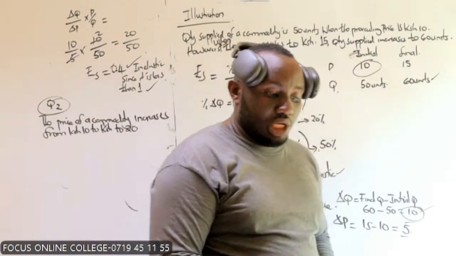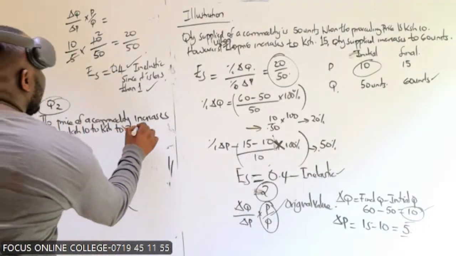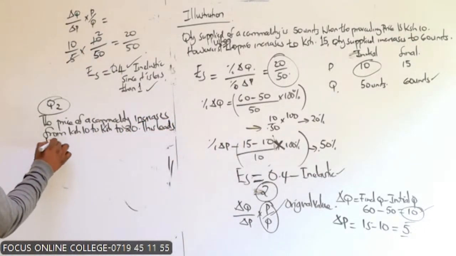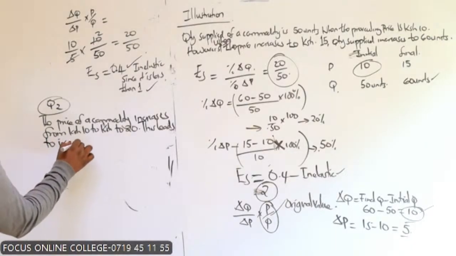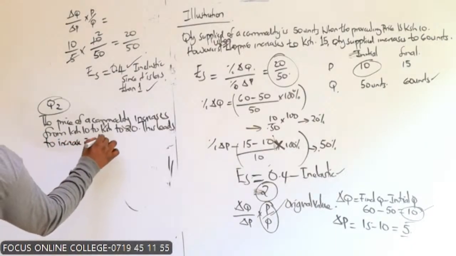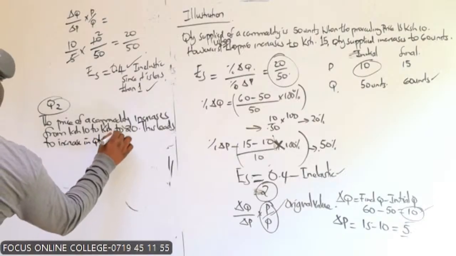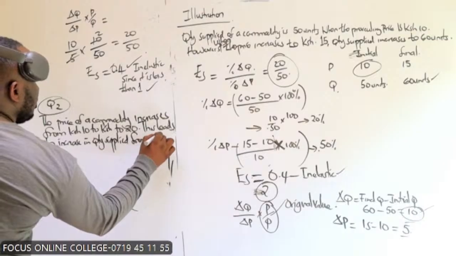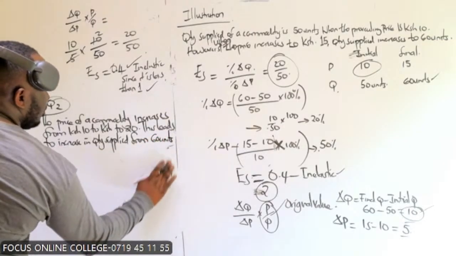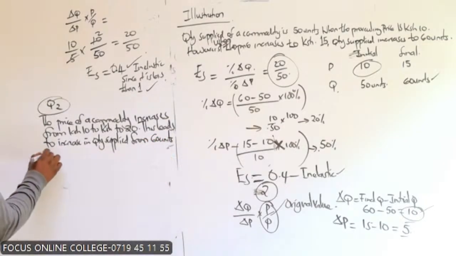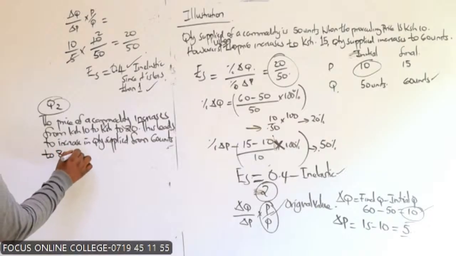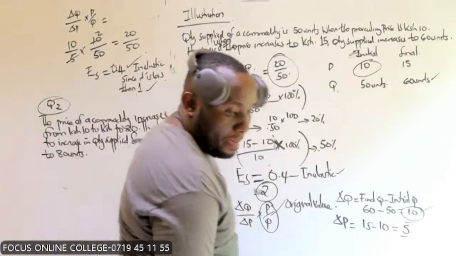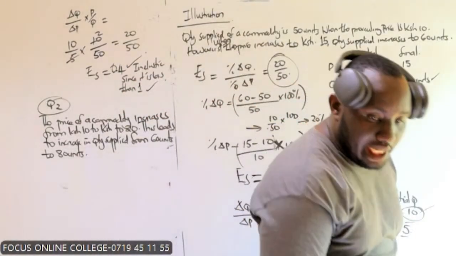This leads to an increase in quantity supplied from 60 units to 80 units.